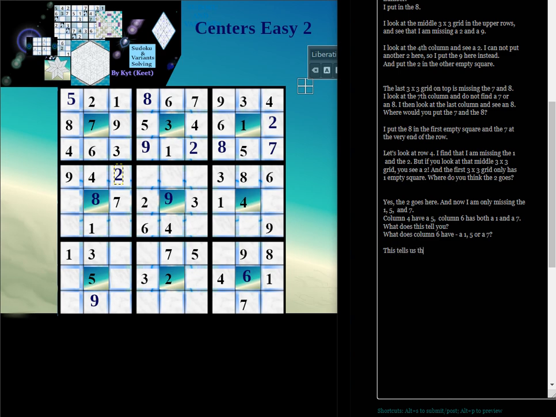This tells us that I must put a 5 in the middle square here so that I do not put another 1 or 7 in the same column as another 1 or 7.